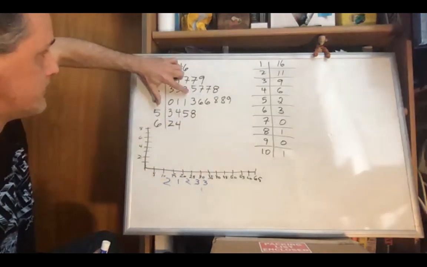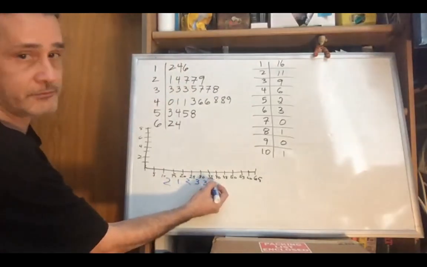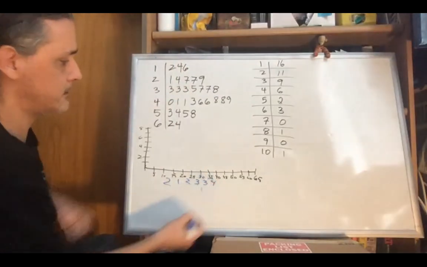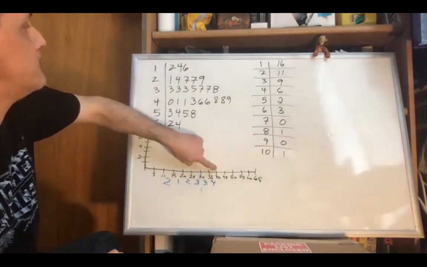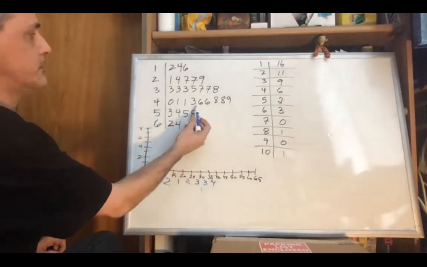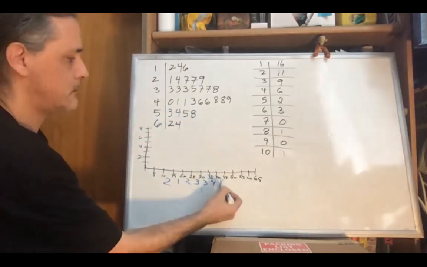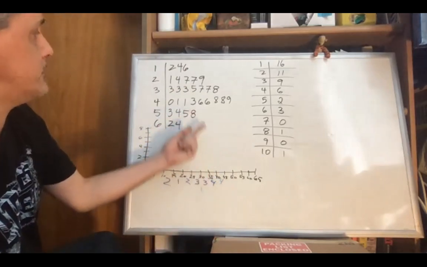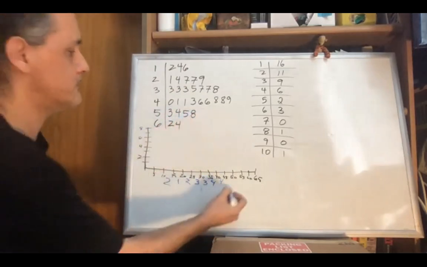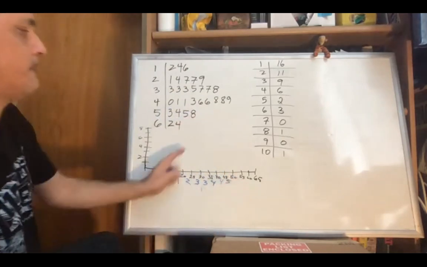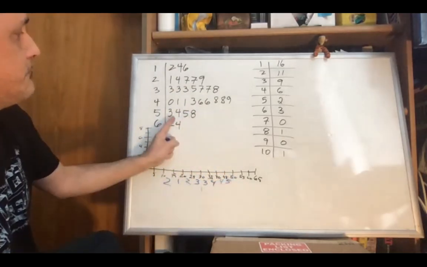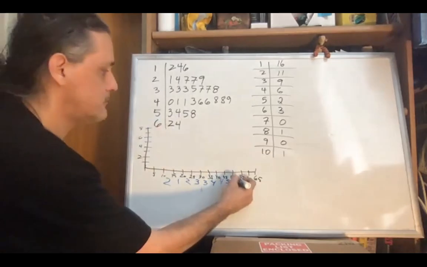All right, so now we got 4 numbers from 35 to 39, and then 40 goes in the next bar. Okay, and so we got 4 numbers. And then 45 to 49, looks like we got 5 numbers. All right, and then 50 to 54, we got two numbers.